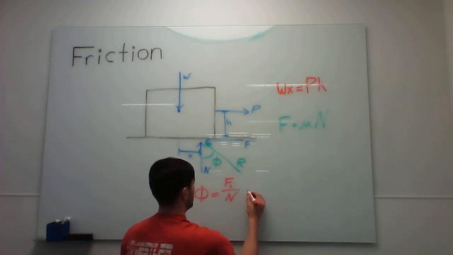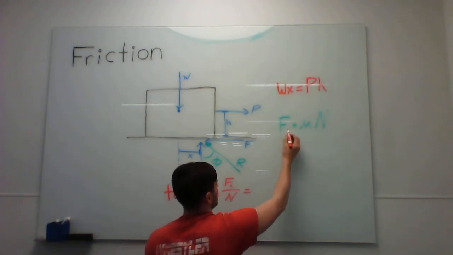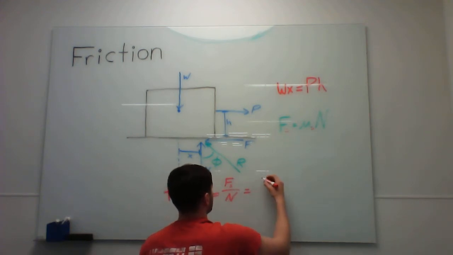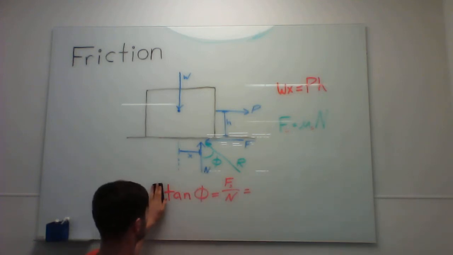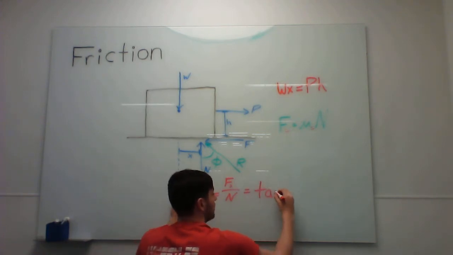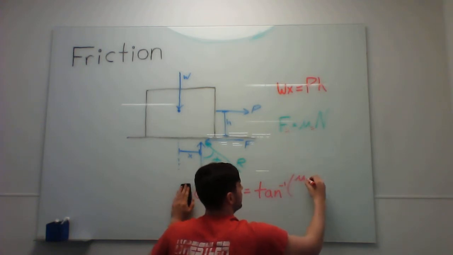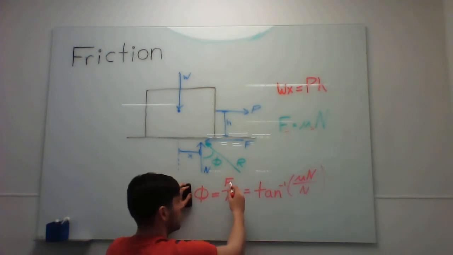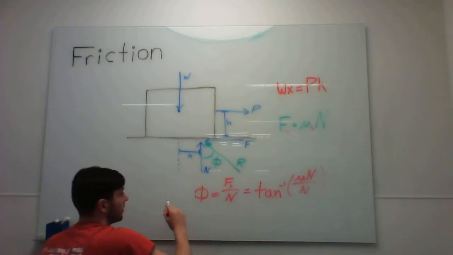But we'll break this down further, given this formula right here, since both of those are the static frictional force. We can say that this angle is equal to the inverse tangent of mu times normal force over normal force, substituting in that formula. So we're going to bring this back over here.